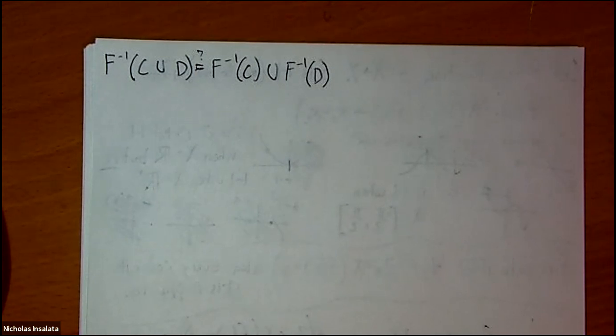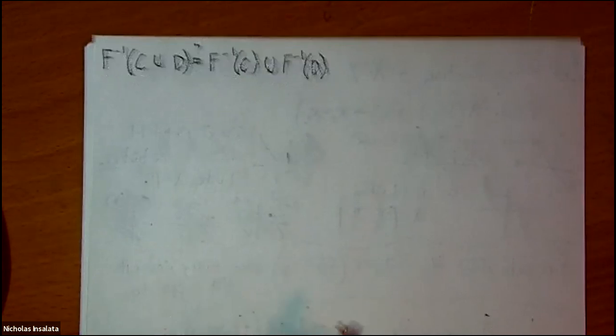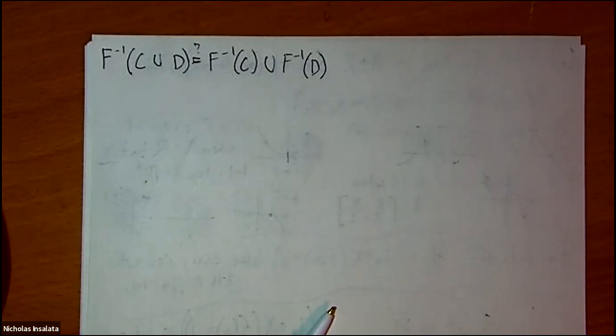Okay, oh, Haruka has a question. If it isn't surjective, not subjective, but surjective, right? It's not a function. No, that's not true. You can be a function, but not surjective.